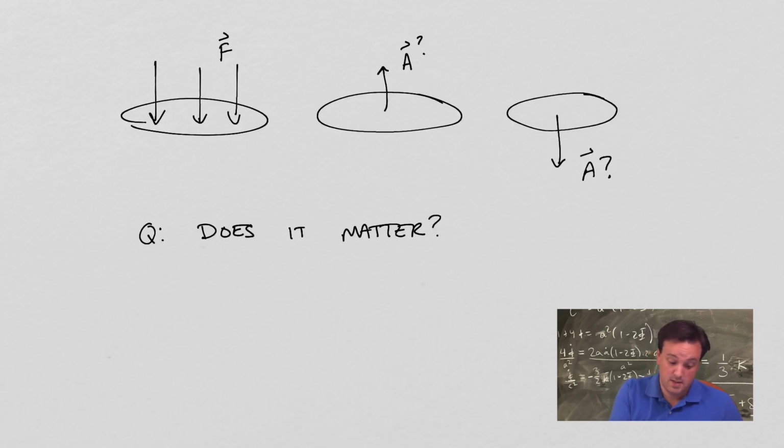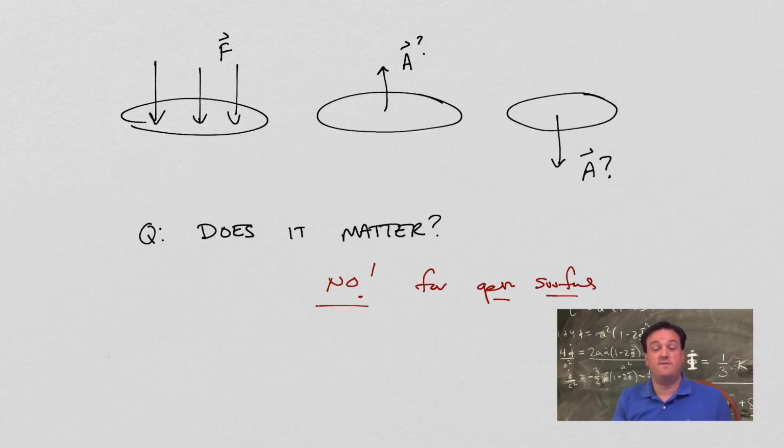Well, the answer is, it doesn't matter. If I have an open surface, that is, if I have a surface that has a boundary, then it doesn't matter which way I take the area. I have to note it. I have to use it to calculate the flux. But it turns out that if I have an open surface, it doesn't matter which way I calculate the area.